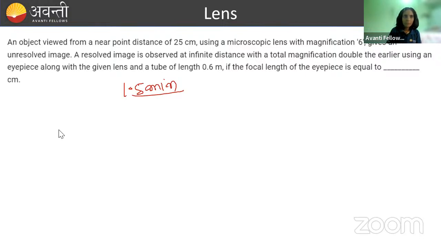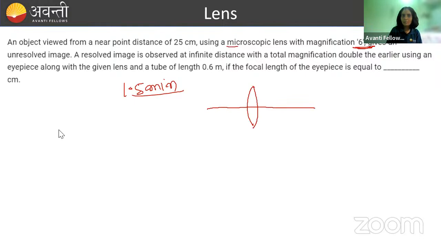Okay. So there is an object viewed from a near point distance of 25 centimeter using a microscopic lens with magnification 6. Just put more emphasis on the way the question is written, right? If you look here, what is said is that the object is viewed from a near point distance. So let's say this is a simple microscope.